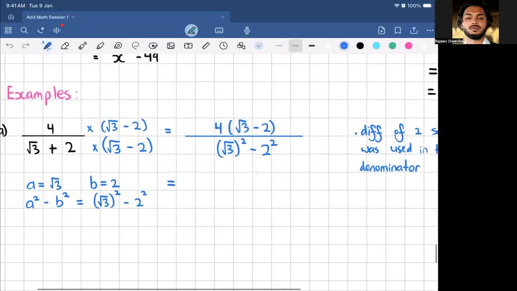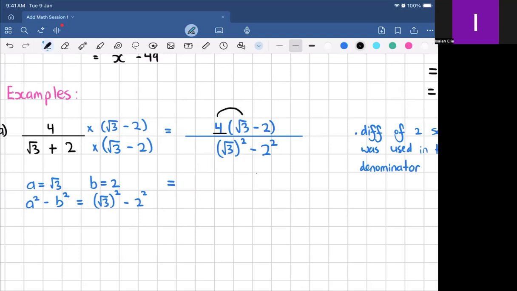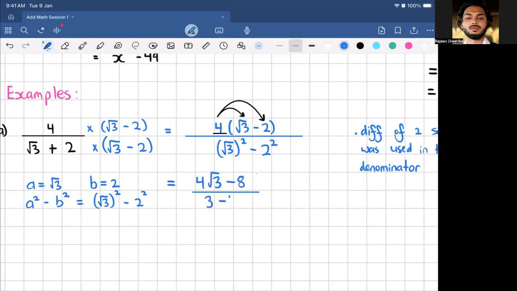Yeah, so I want somebody to help me expand it. So Isaiah, expand it for me. We have 4 on the outside, and we have root 3 and minus 2 on the inside. So help me expand that. 4 times root 3, and 4 times minus 2. Right? That's correct. So 4 by root 3 is just 4 root 3. 4 by minus 2 is minus 8. And in the bottom, that's going to simplify to 3 minus 4.